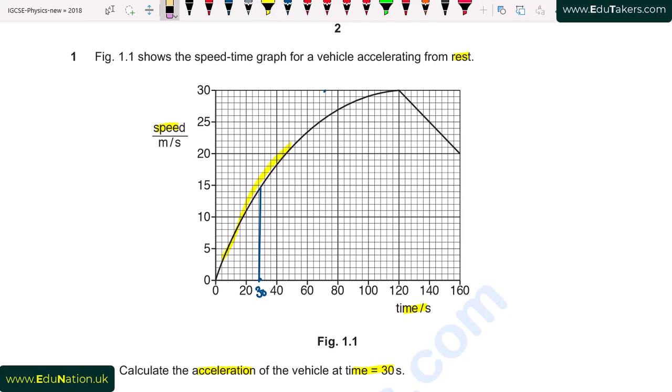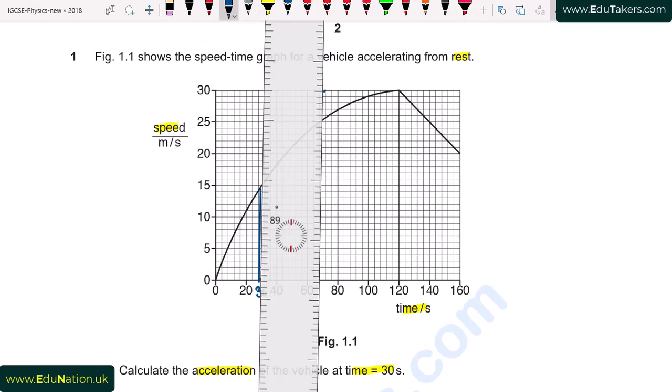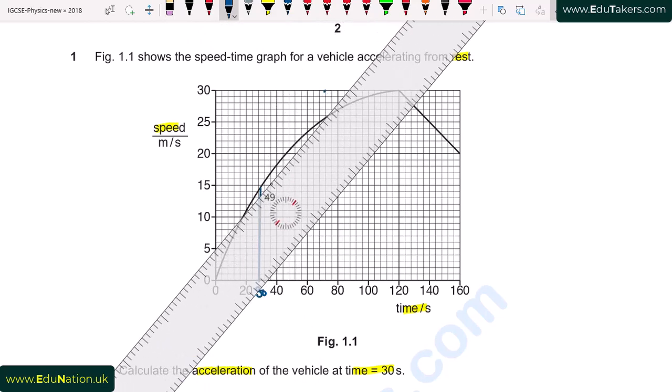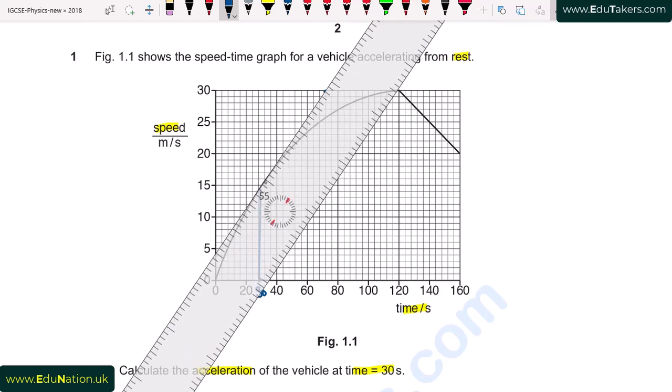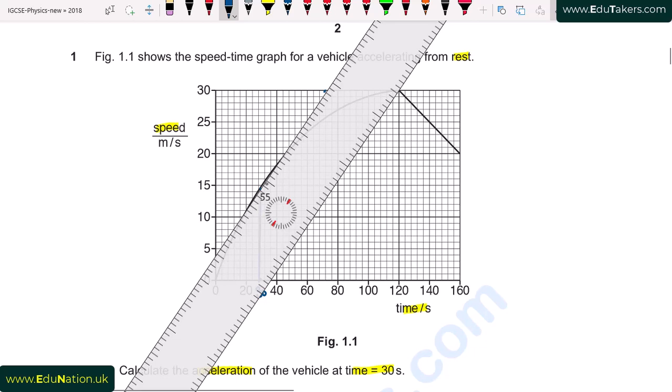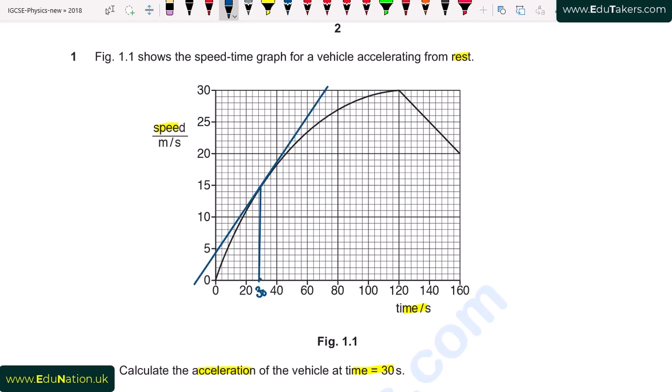So first of all, we have to draw the tangent. I will draw a tangent line at that point. This tangent line touches 2 points, this point and the second one is this point. We find the coordinates of these 2 points.